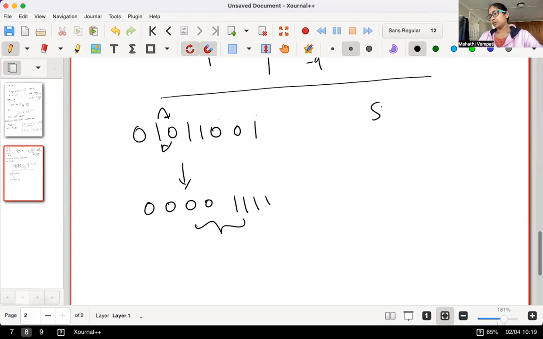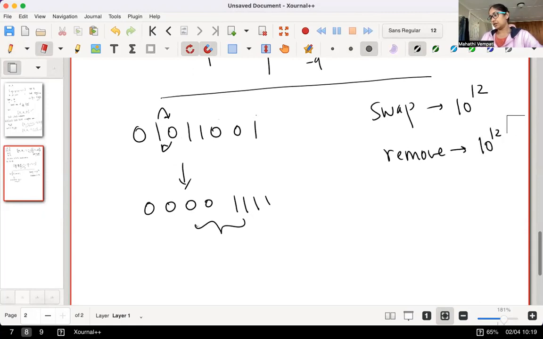Now, swap costs you 10 to the 12. Remove costs you 10 to the 12 plus 1. And what is the minimum cost with which you can transform?